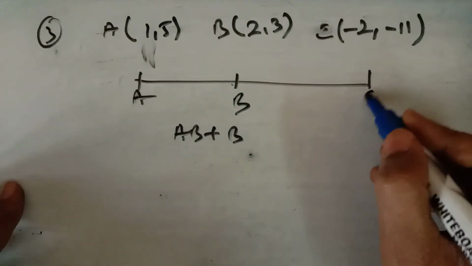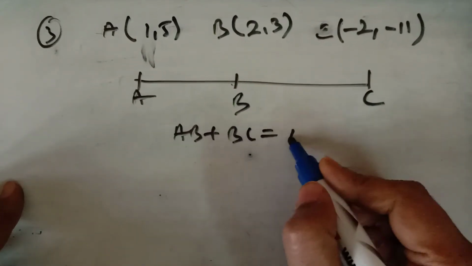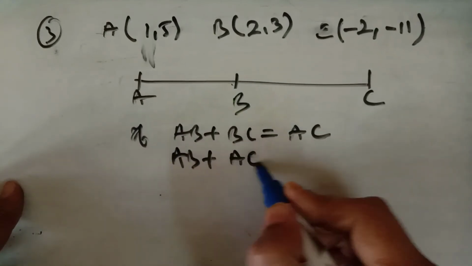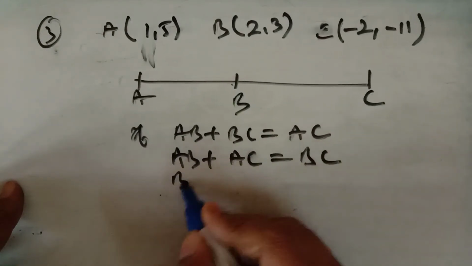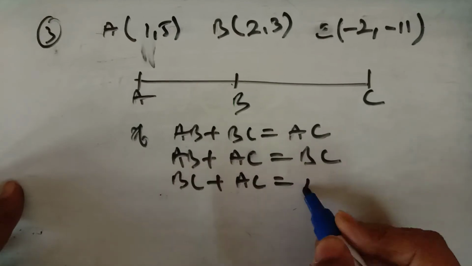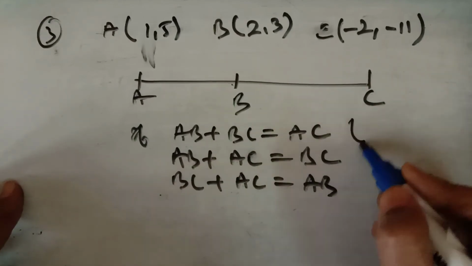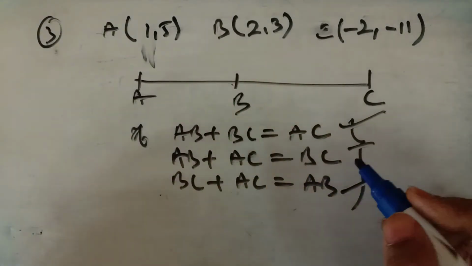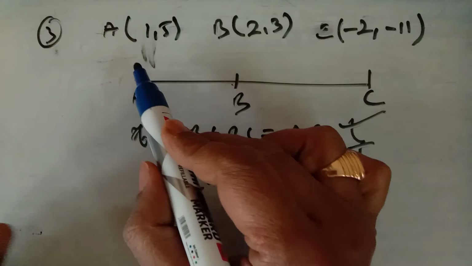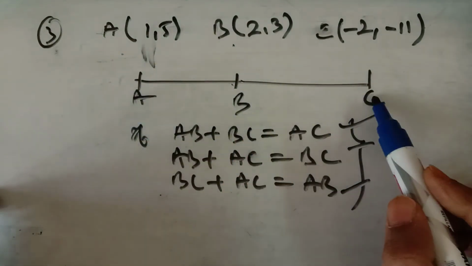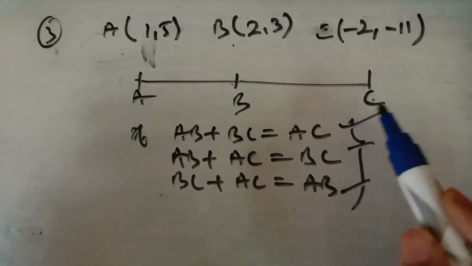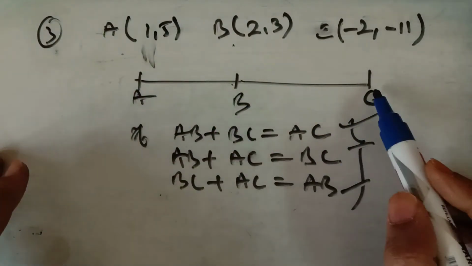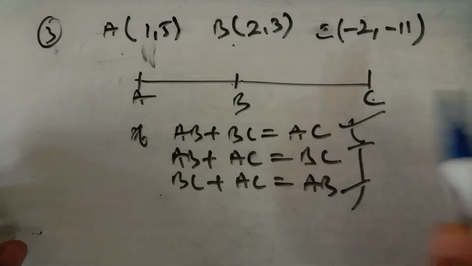If AB plus BC is equal to AC, or AB plus AC is equal to BC, or BC plus AC is equal to AB, if any one of the conditions is satisfied, then I will say that the 3 points are collinear. So I will find the distance between AB, BC and AC, and if the sum of 2 lengths is equal to the third, then the points are said to be collinear.